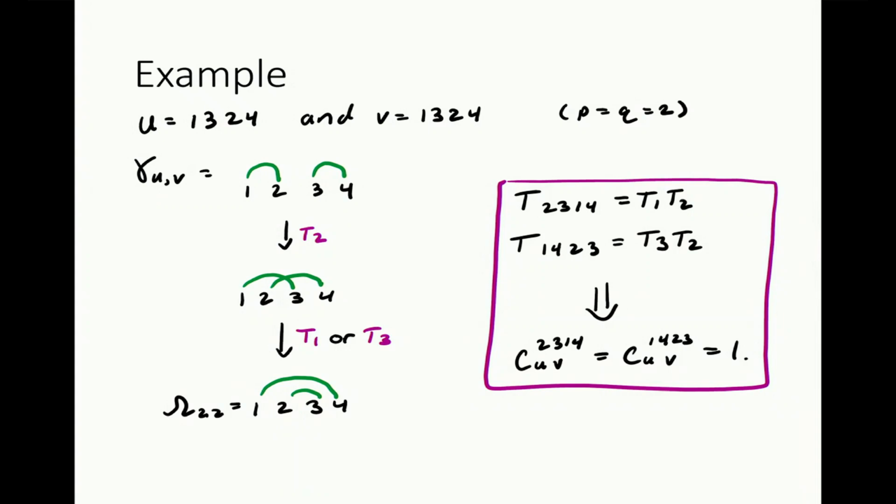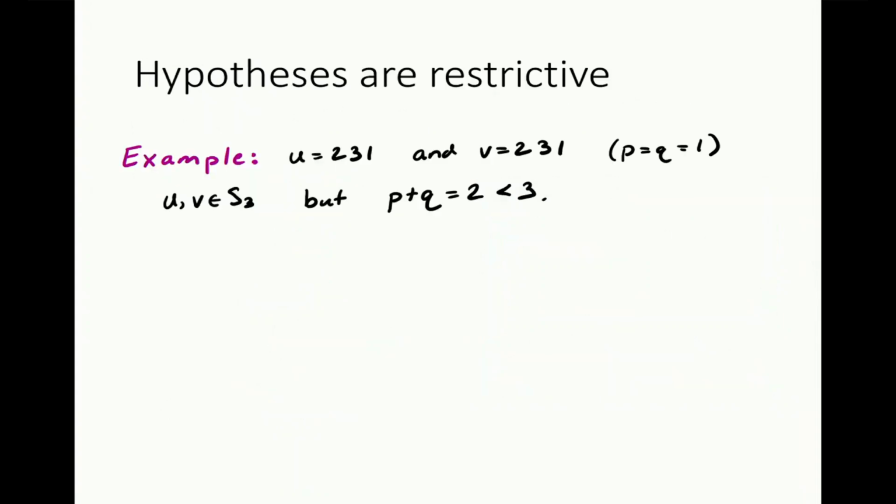Okay. All right. So these hypotheses that Weiser needed in order to work inside of this geometry are kind of restrictive. For instance, if U is 2, 3, 1 and V is 2, 3, 1, so really we're multiplying x1, x2 by itself, squaring it, in Schubert polynomial land, we can't do this in Weiser's setup.